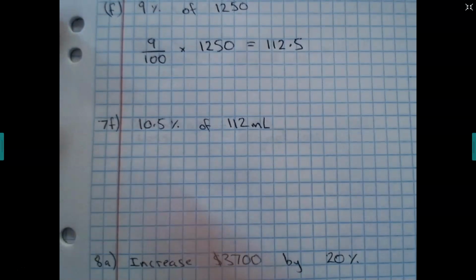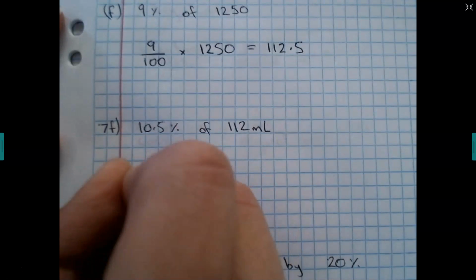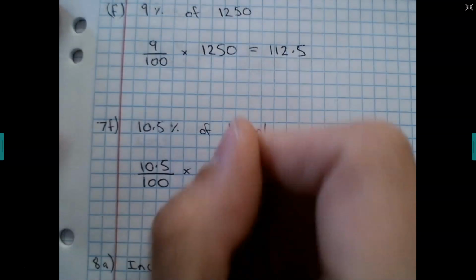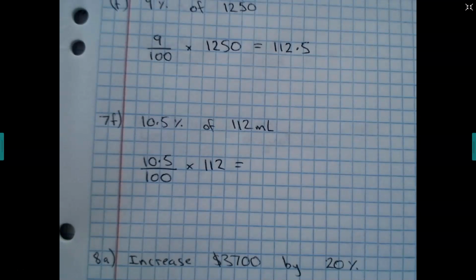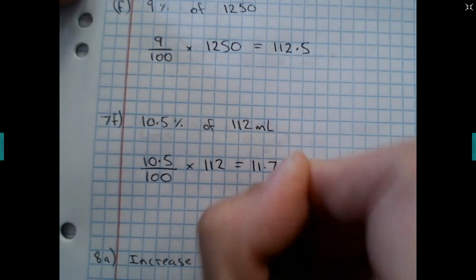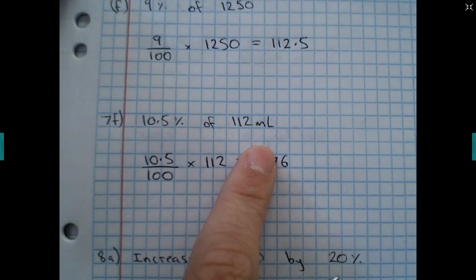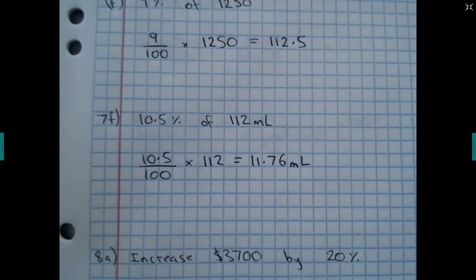I can still write 10.5 over 100 times, the of means times, 112 is equal to 11.76, and since we were trying to work out what 10.5% of 112 milliliters is, you have to write milliliters. So make sure that you put in those units.